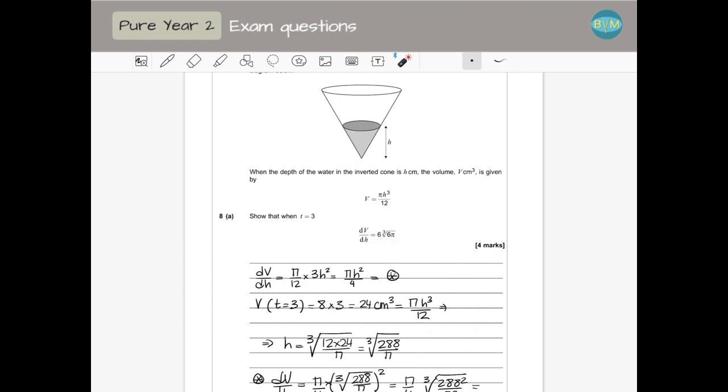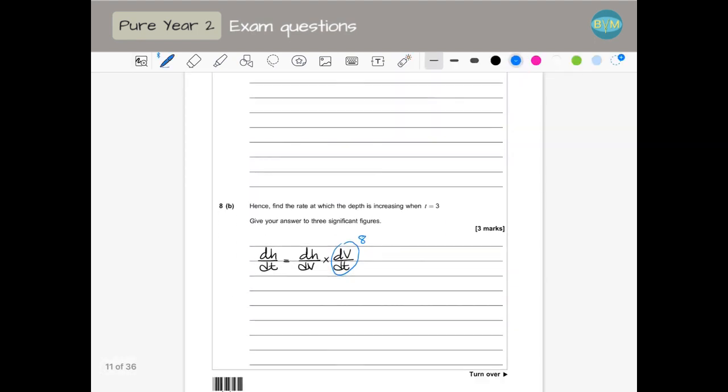I know the value, even if I wasn't able to do part A, it is given, so I can use it. So this is going to be the reciprocal of dV by dh, equal to 1 over 6 cube root 6 pi, and then times 8.